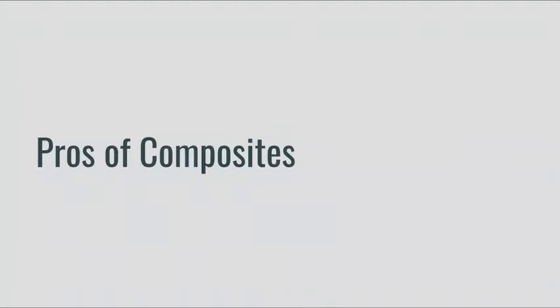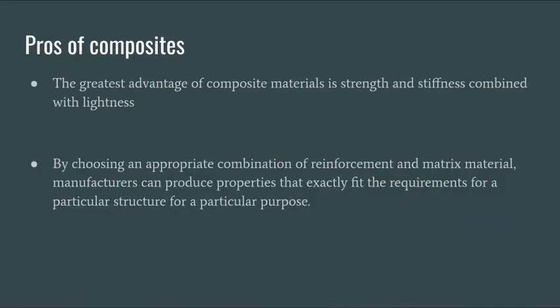So maybe some reasons why we wouldn't use them, or maybe some downfalls of composites. So in your notes, it is split up pros, and then it will say downfall, which is another word for cons. So some pros of composites are the strength, also the stiffness, and the lightness.